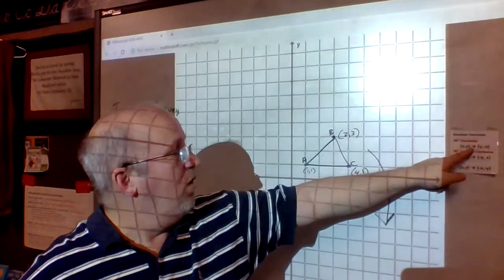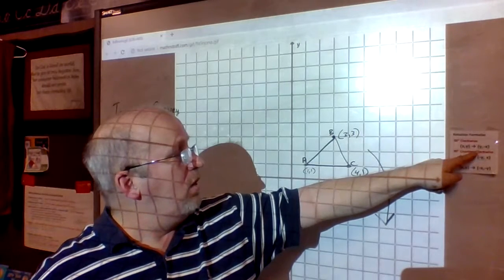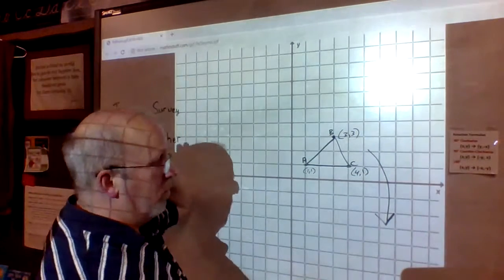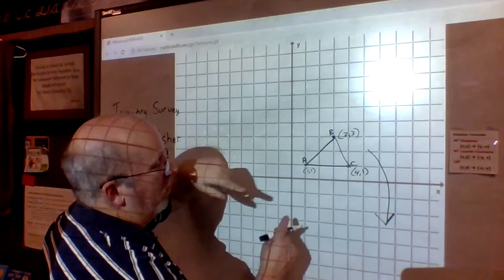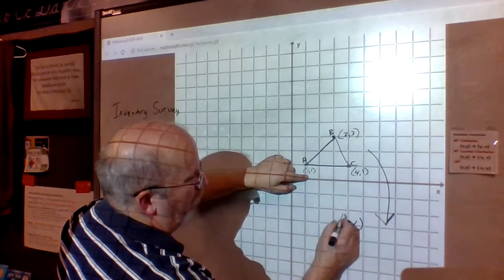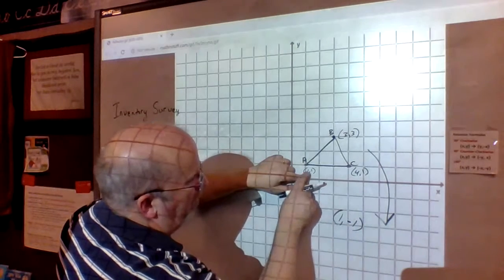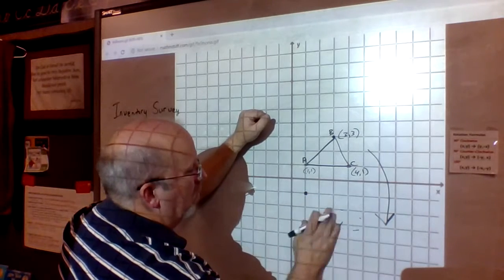The pattern is flip the coordinates and make the x value its opposite. So this one would become 1, -1. We flip the coordinates and make the old x value its opposite, and that would be right here.